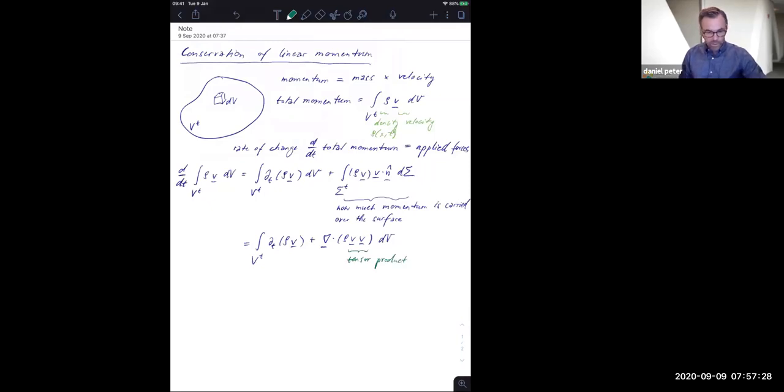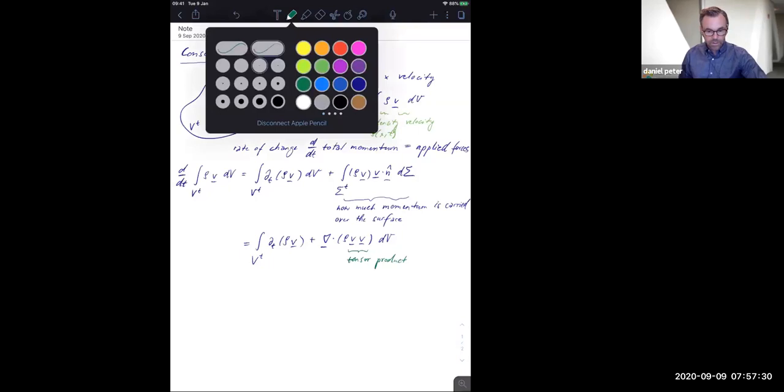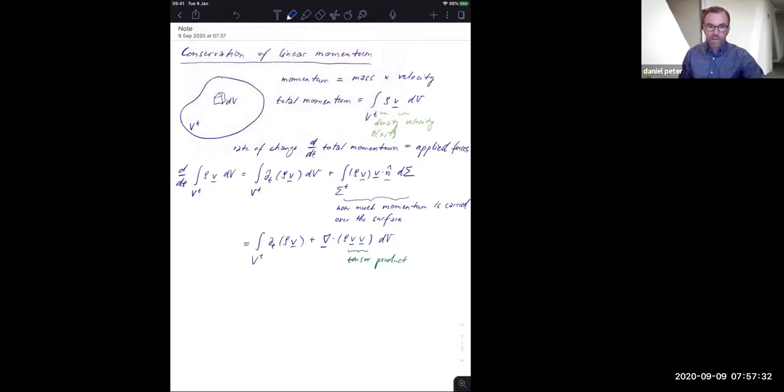And if you want, in index notation, sometimes that helps to see what these terms are.